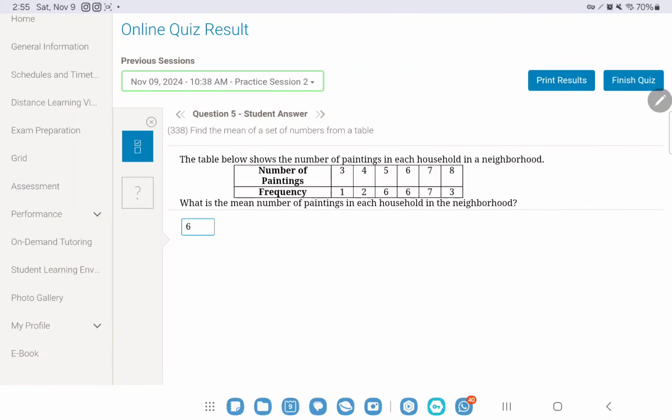It's really slow today. Okay, what's the mean number of paintings in each household in this neighborhood? So what we're gonna do is find the average, which means we're gonna do 3 into 1.